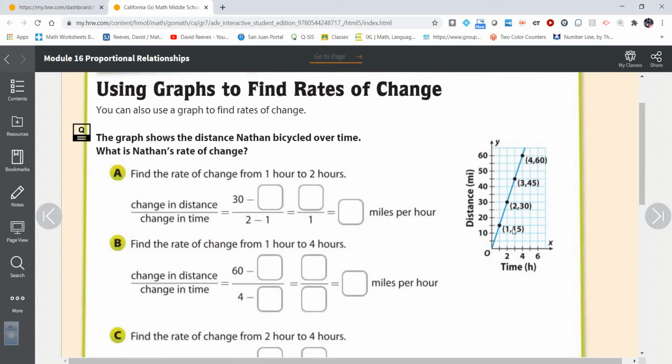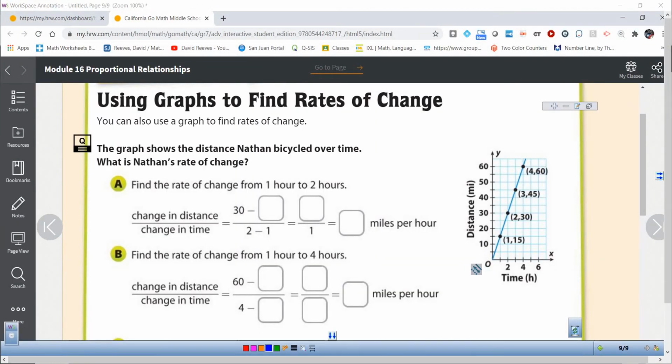And what we're going to do is we're going to relate this to a graph. Okay, so when we take a look at this graph, remember there was 3 ways to represent a proportional relationship. There was a table, there was a graph, and there was an equation. And you remember when you're looking at the graph and you want to determine if it is a proportional relationship, you look at 2 things. Does it pass through 0, 0? And is it a straight line? And in this case, it is, right?